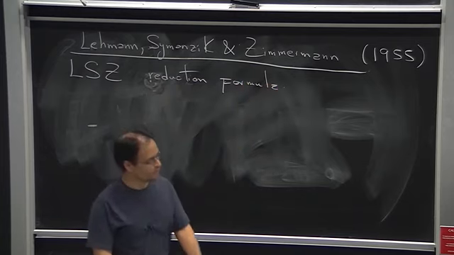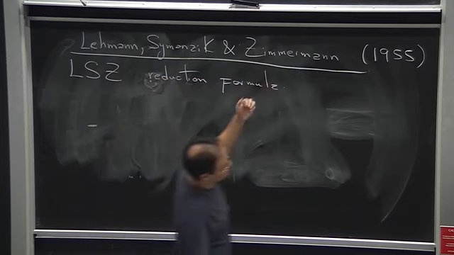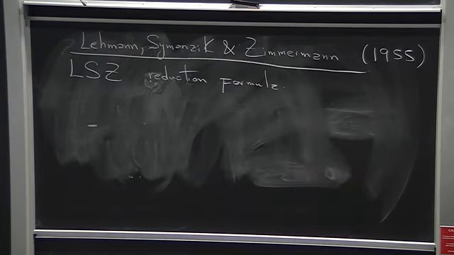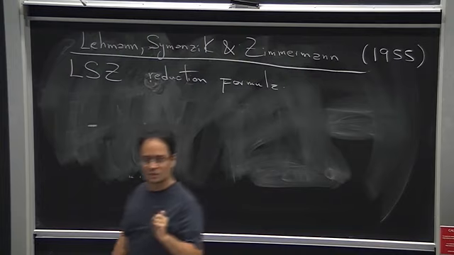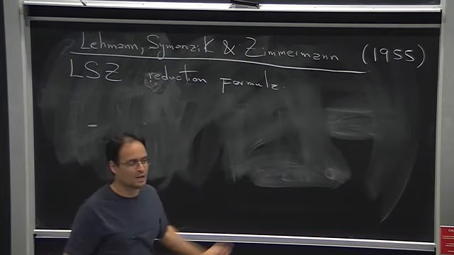Well, it's called a reduction formula because we're going to compute the transition elements that we need to compute cross sections from the Green's function by throwing away lots of things. So we went through a lot of trouble to compute these Green's functions, and now we're going to throw away many, many things.